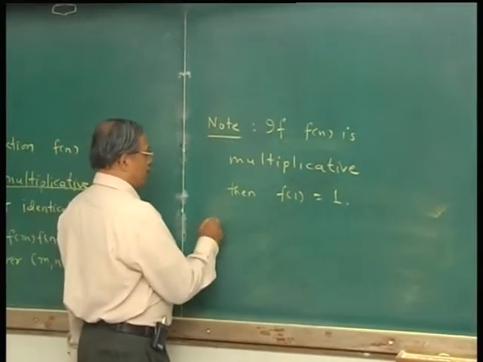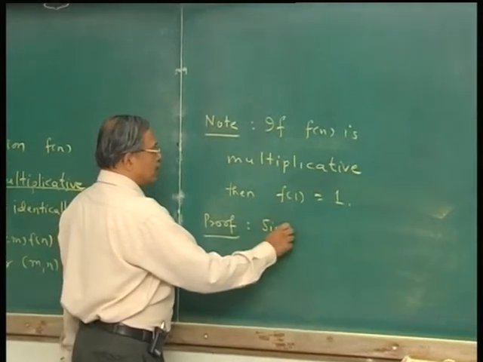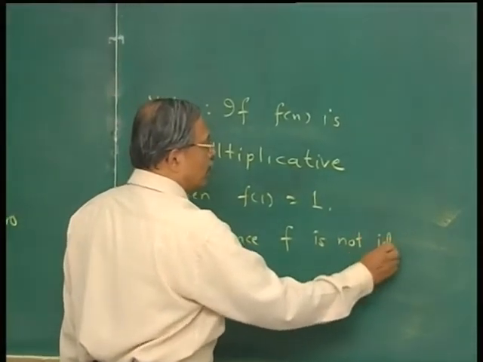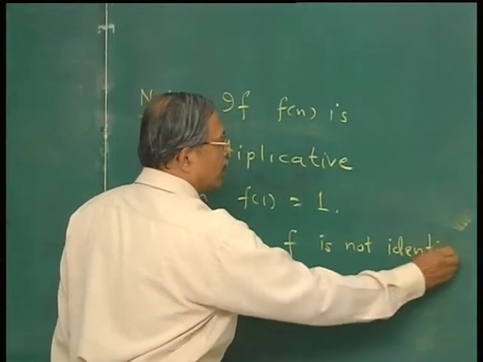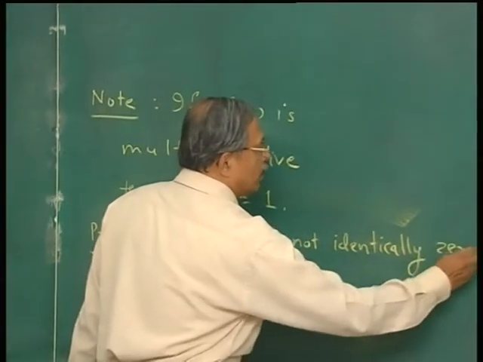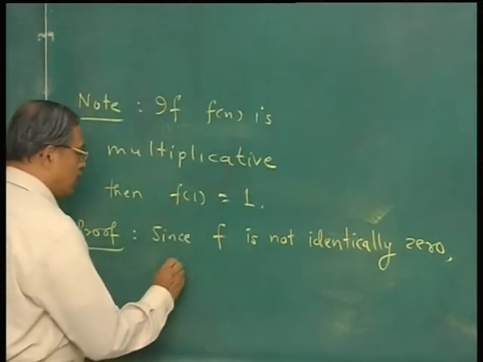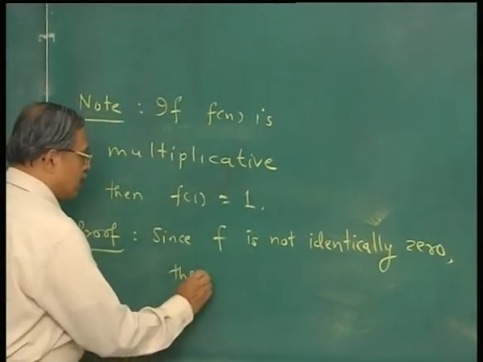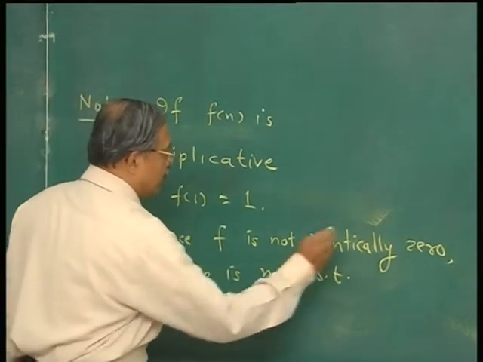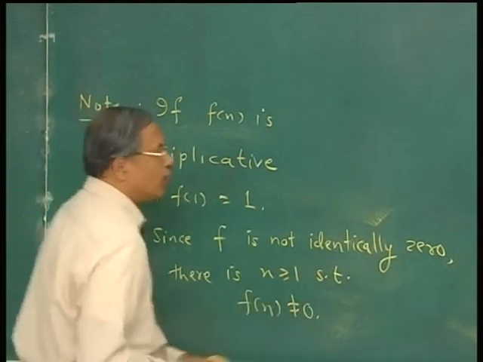So first of all, since f is not identically 0, there is some n bigger or equal to 1 such that f(n) is not equal to 0.